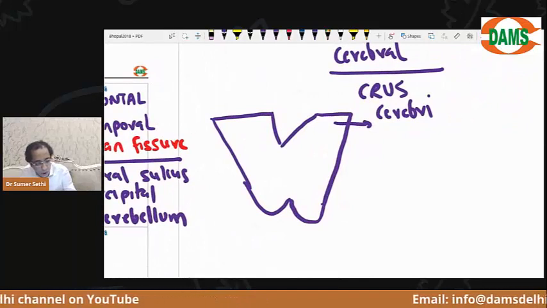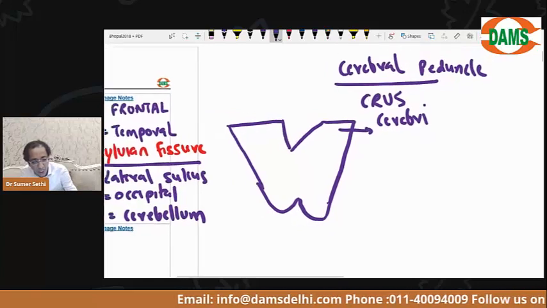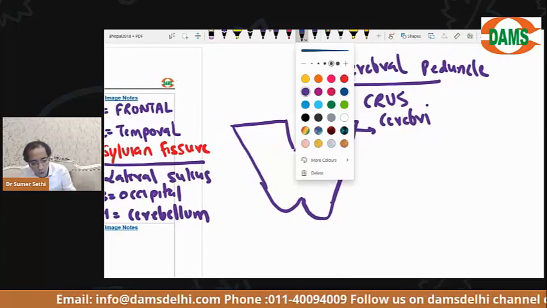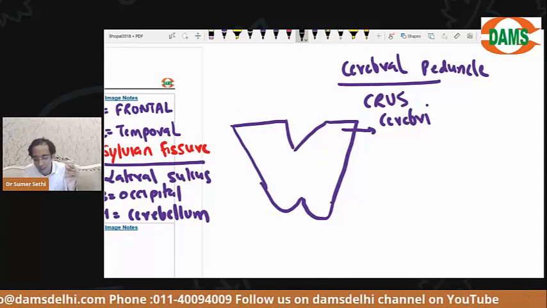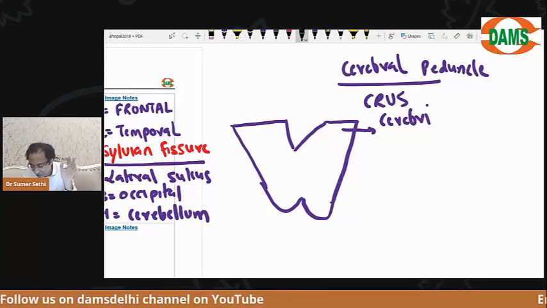Write down cerebral peduncle. I'm not going towards any exam pattern. I'm telling you what you need to know in CT brain, and this would help you everywhere, in any exam, any clinics. This is the key.